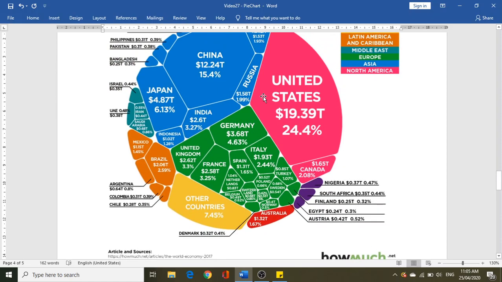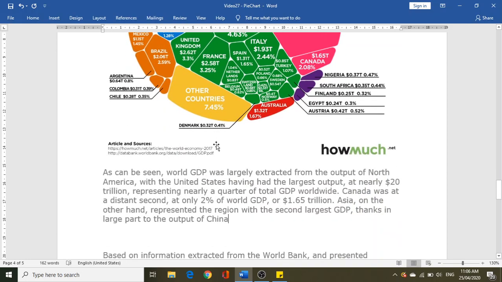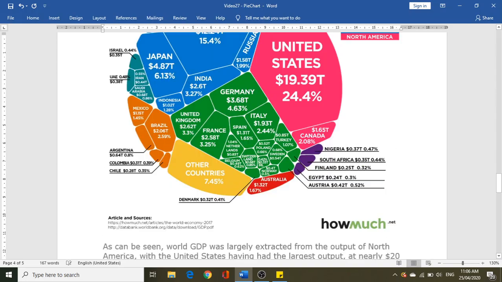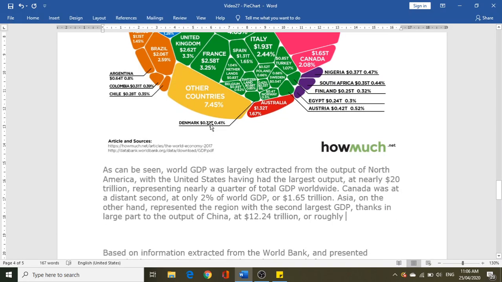There at 12.24 trillion, or roughly 15% of global GDP.